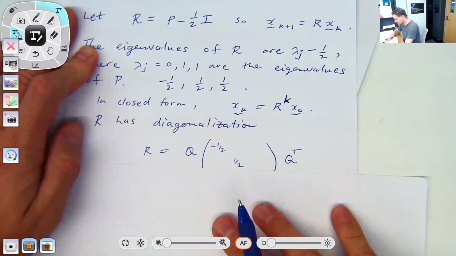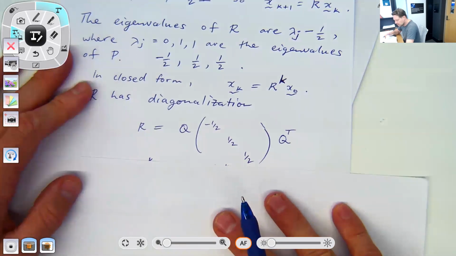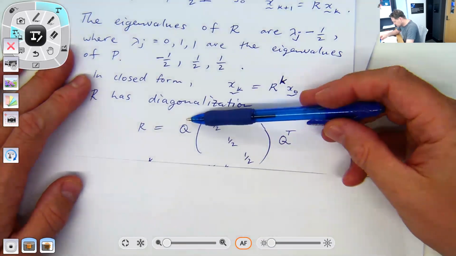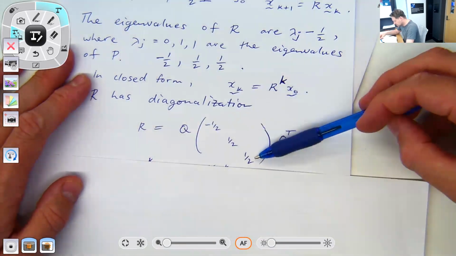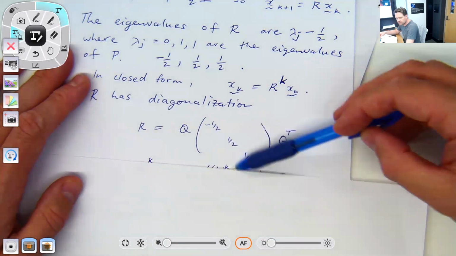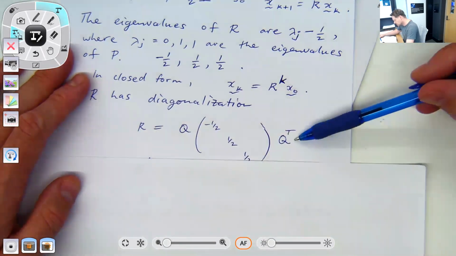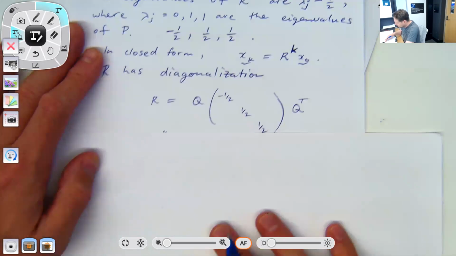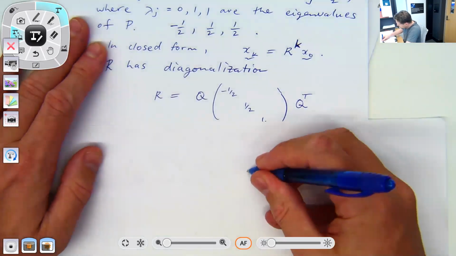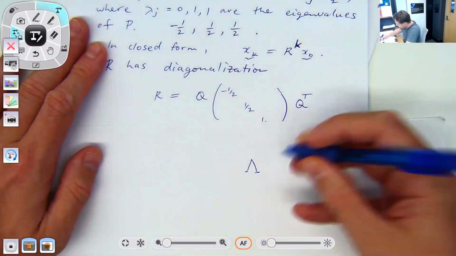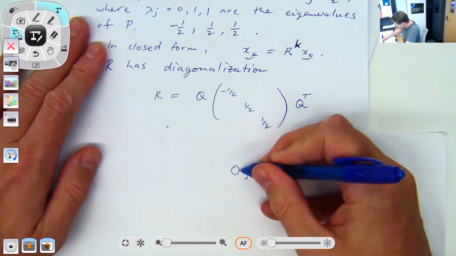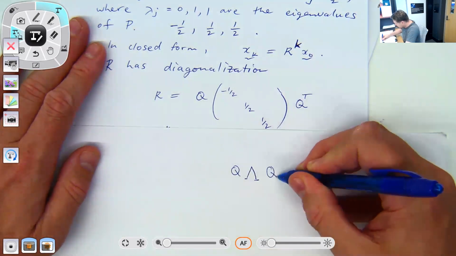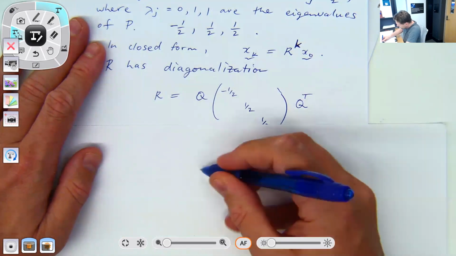The diagonalization looks like this: an orthogonal matrix Q times this diagonal matrix, where there are zeros everywhere else, and then Q transpose. We usually use an uppercase lambda for this diagonal matrix. So we've got Q lambda Q transpose, and this is our R.